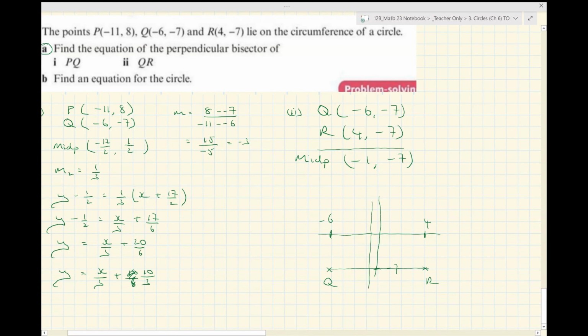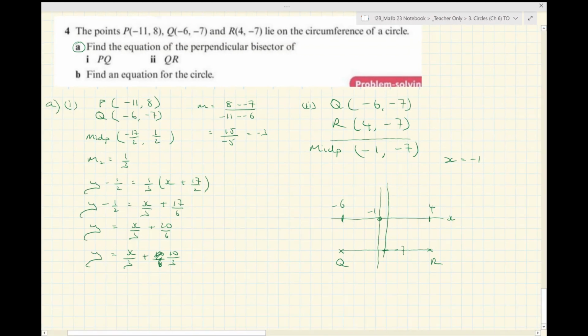Okay, and it's going to cross the x-axis here, halfway between minus 6 and 4. So it's going to cross the x-axis at minus 1. So the perpendicular bisector of QR is simply going to be the line x equals minus 1. So there's no reason to do any more work on that one. That's the perpendicular bisector of QR, the line x equals minus 1.